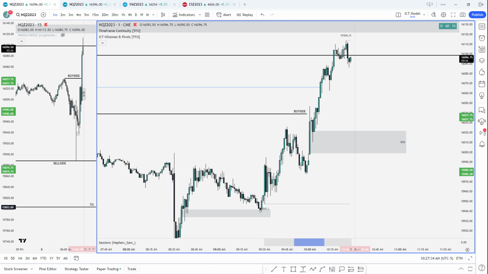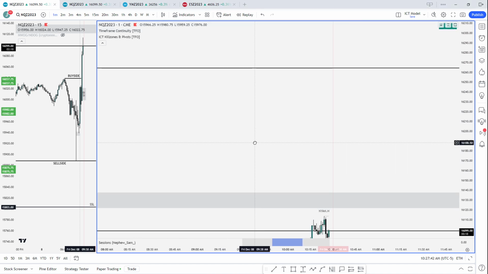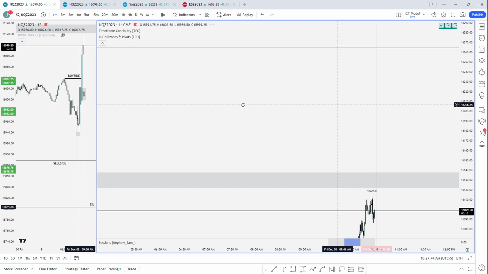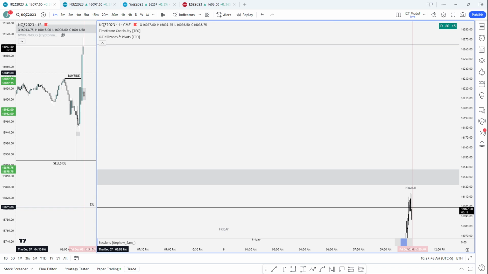NQZ 16208.5 target for the daily. Too high. Was it 208? Oh, I see. I would assume that's probably too high, if you're looking at the Wednesday, November 29th high.